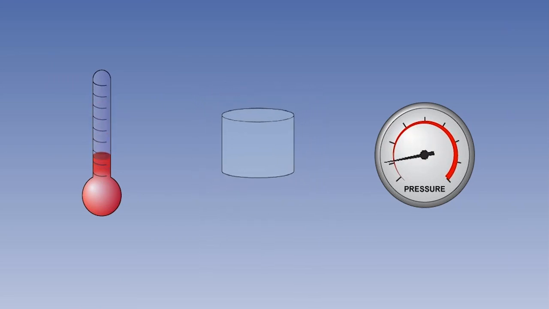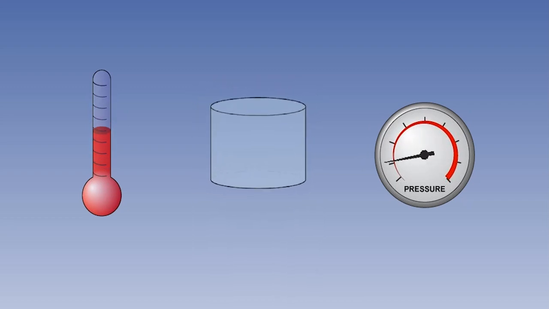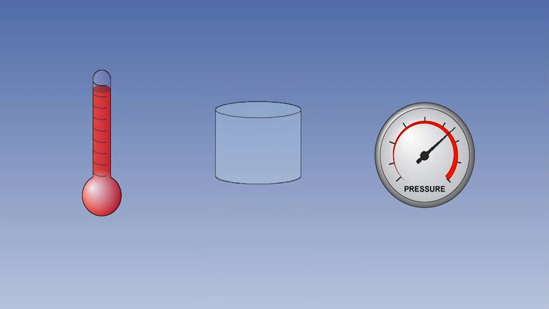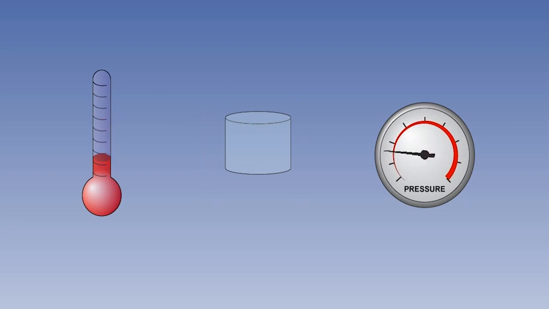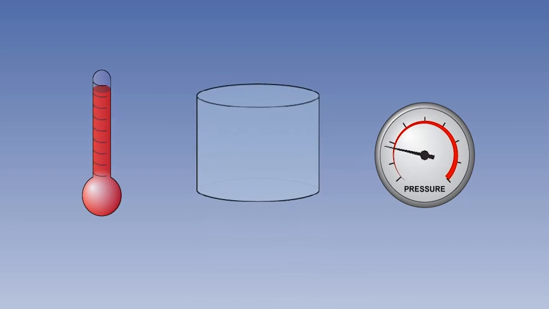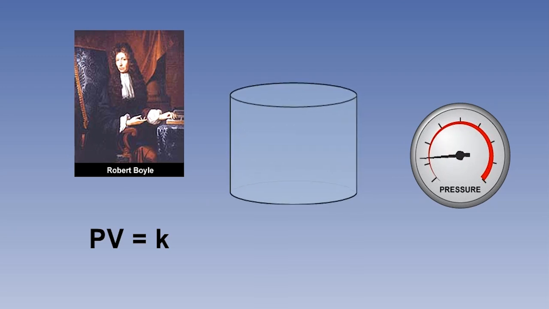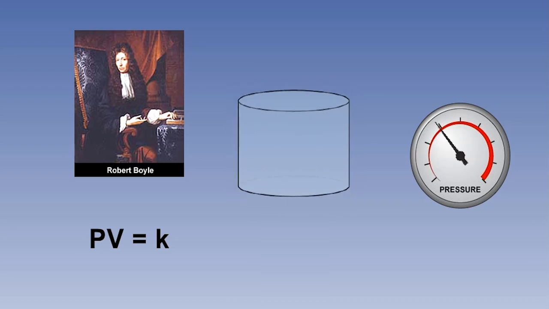The last of the gas laws for us to look at is the combined or general gas law. This law combines Charles's law, Boyle's law, and Gay-Lussac's law. These laws each relate one thermodynamic variable to another mathematically, while holding everything else constant. You will recall that Boyle's law asserts that pressure and volume are inversely proportional to each other at fixed temperature.